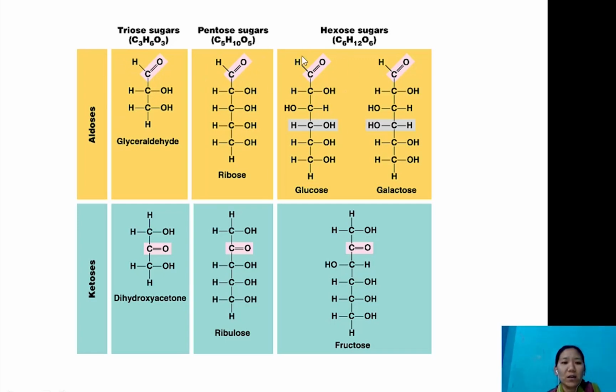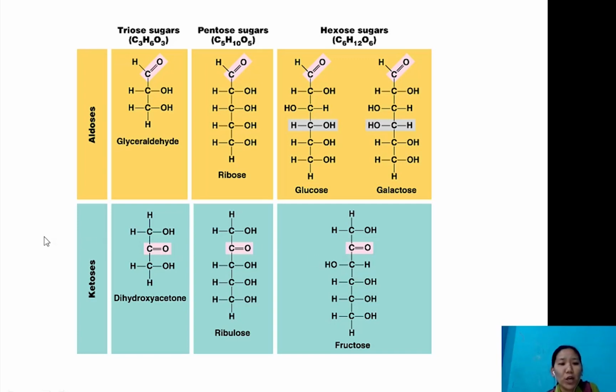So these are the aldoses, for example glyceraldehyde, ribose, glucose and galactose. Now ketoses have a ketone group, CO, and unlike the aldehyde group, which is terminal in aldoses, here the ketone is not terminal, it is subterminal, C double bond O, ketone.